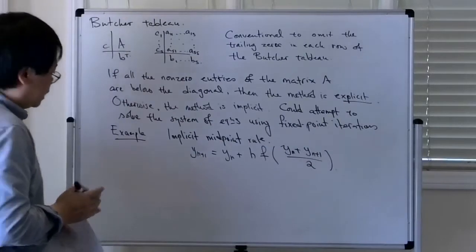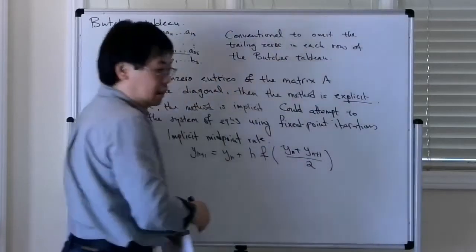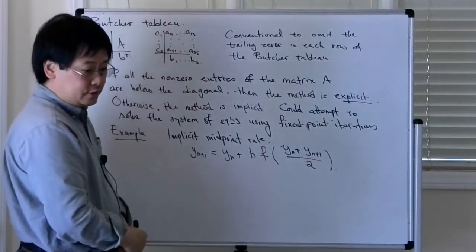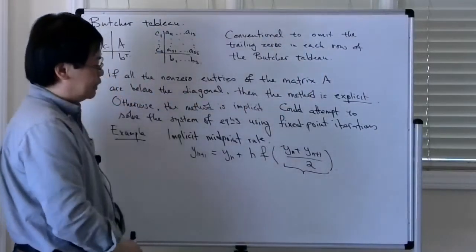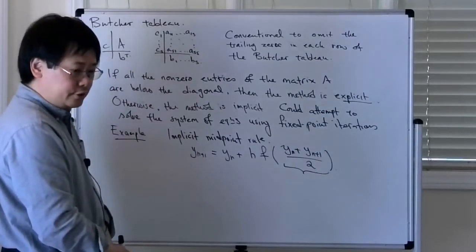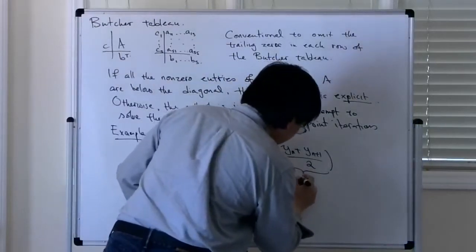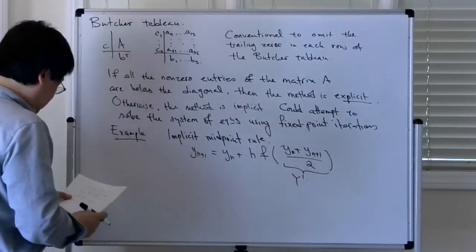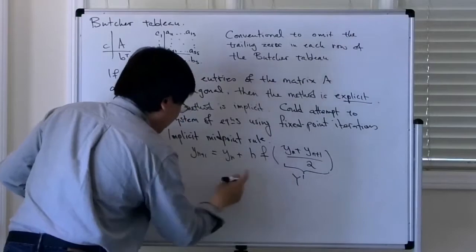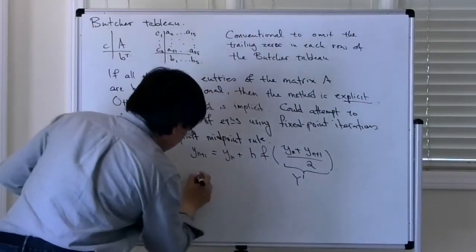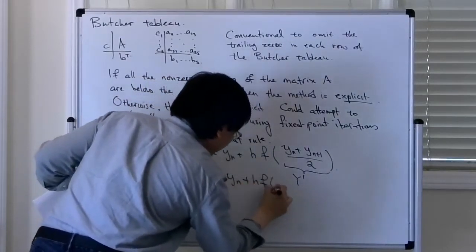But if you look at this, you have the solution at new time, the solution at old time, plus some weighted combination of the vector fields at a bunch of points. You should think of this y_{n+1/2} as being one of these internal stages. So let's call that capital Y1. This identification allows you to say that y_{n+1} = y_n + h f evaluated at Y1.